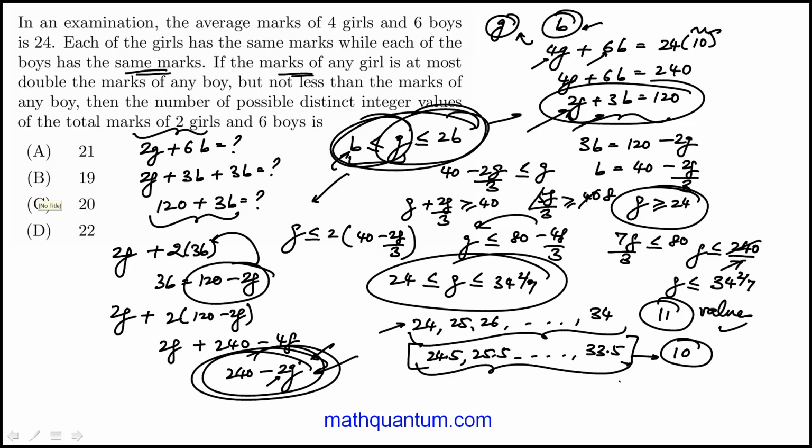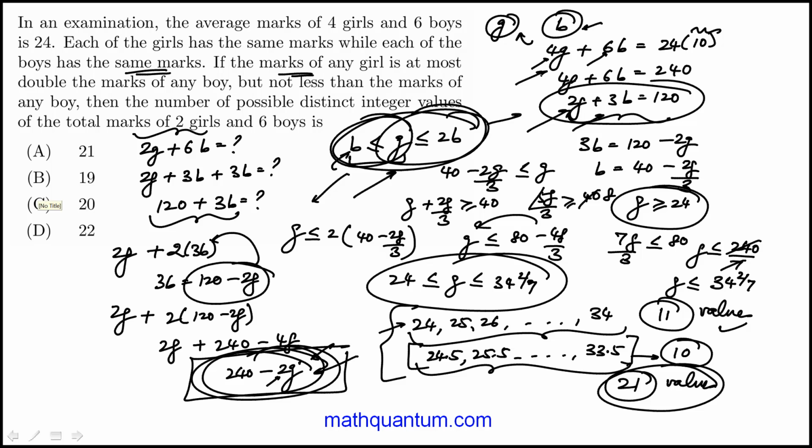So if you add those up, we have a total of 21 possible values for this expression. These are the different G values that would satisfy this constraint and that constraint here, and that would result in this expression being integer. So the answer is 21, choice A.